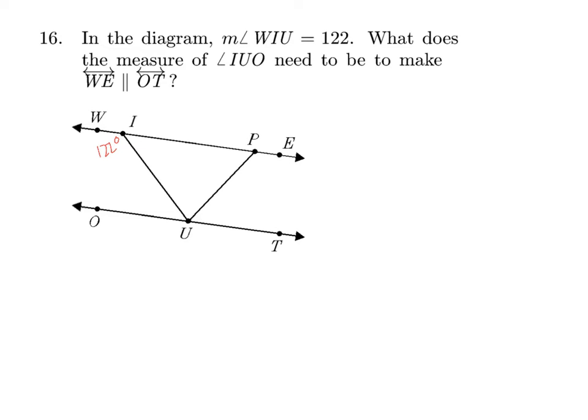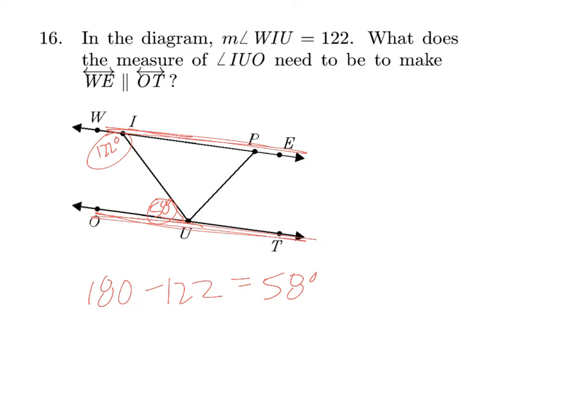In order for these lines to be parallel, these two angles have to add up to 180 degrees. So you just take 180 and subtract 122, and we have 58. So only if this is 58 degrees will these two lines be parallel. So your answer is 58 degrees. Done.